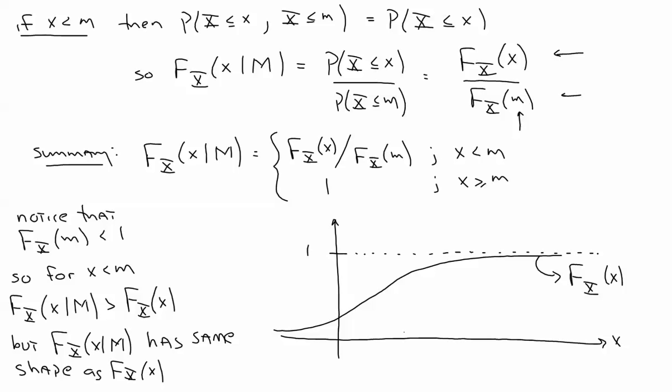And let's pick a point right here and call this value m. All right, so for this special case, my cumulative distribution function for x greater than or equal to m is exactly 1. Always. And below m, my conditional cumulative distribution function is greater than the non-conditional cumulative distribution function, but follows the exact same shape. Let's see if I can trace this out.